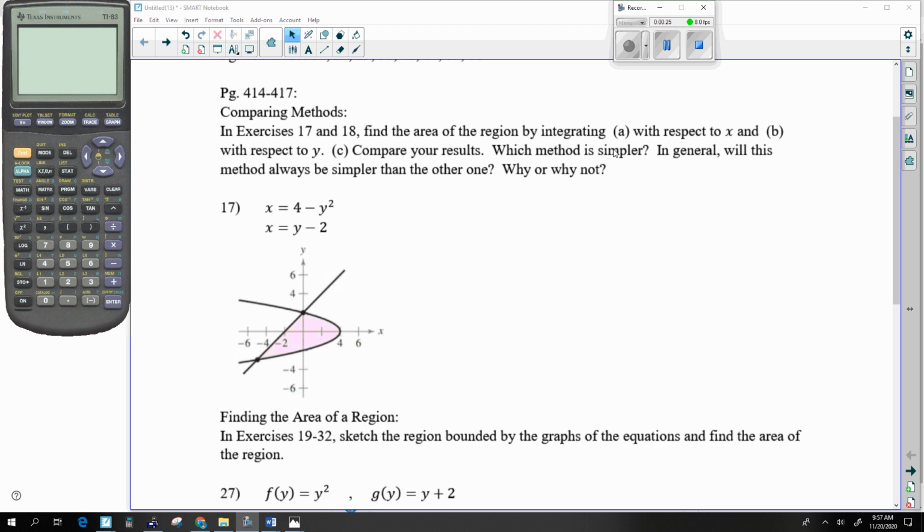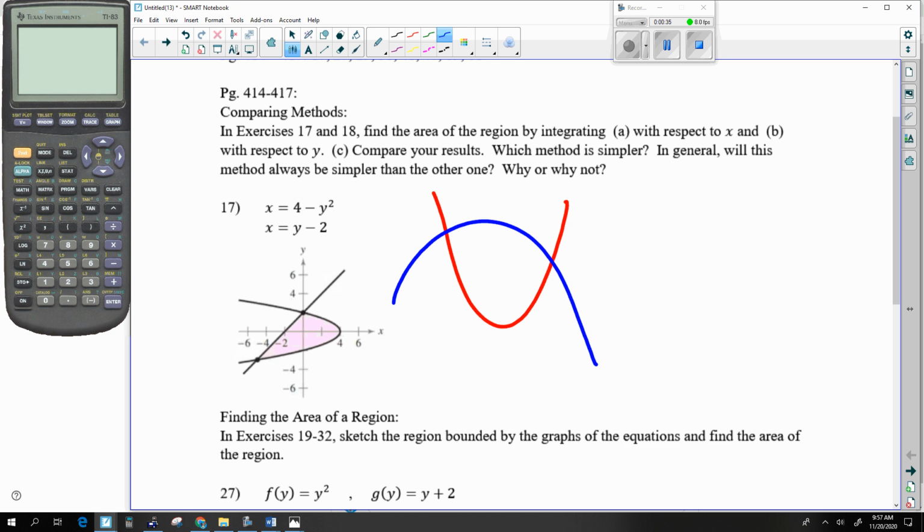So the reason you would do this is because when I'm trying to integrate in a normal fashion, notice how no matter where I look on this picture, blue is always over the red. That's a great situation, and thus I would do that dx style.